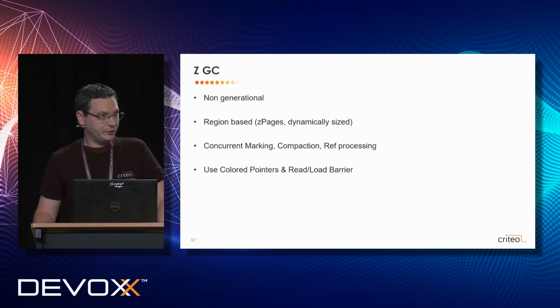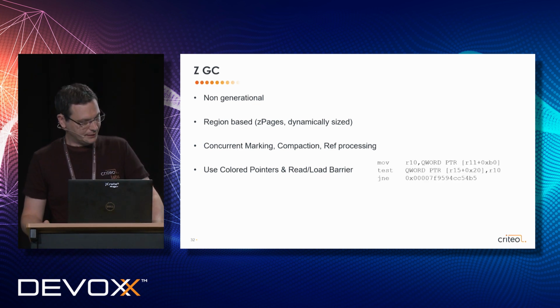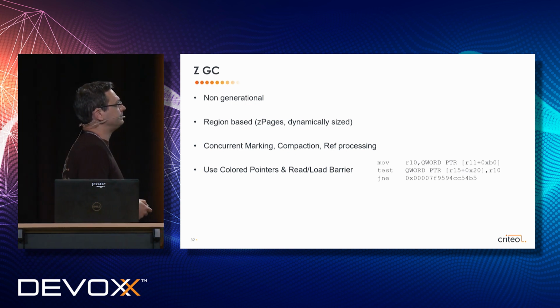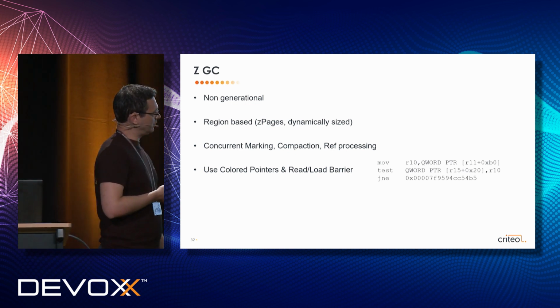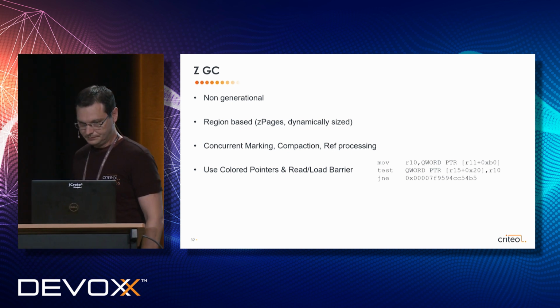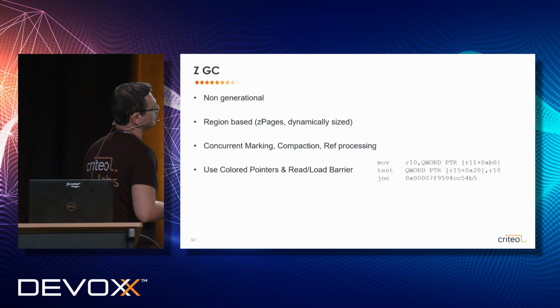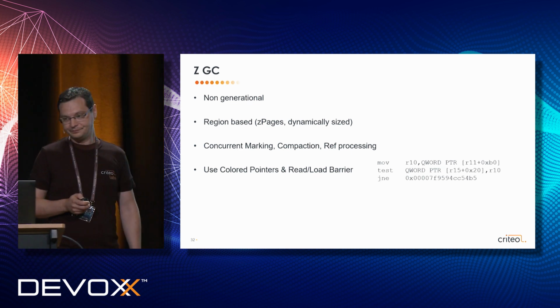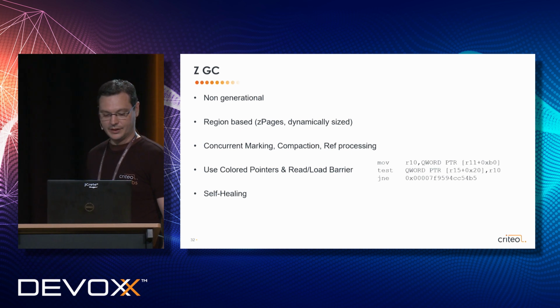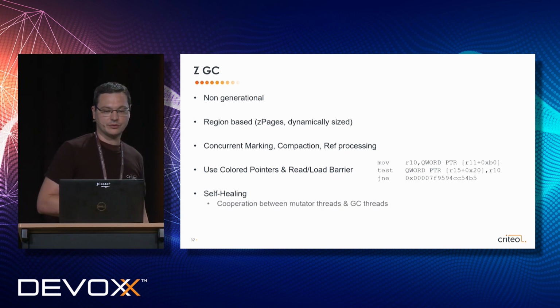They use colored pointers, something similar to C4, and the read load barrier. Again, that's an example of the load barrier from ZGC. They are using thread-local state, so it means that we have a memory access each time we try to load a reference. Again, the self-healing concept, cooperation between mutator threads and GC threads.